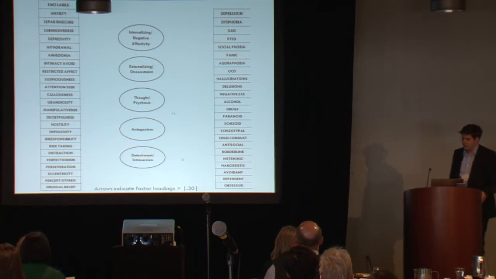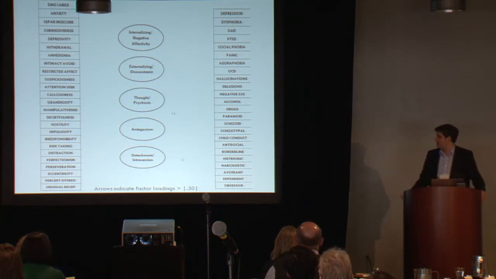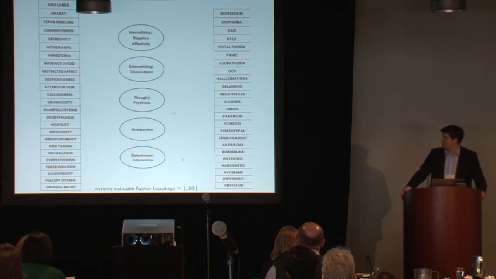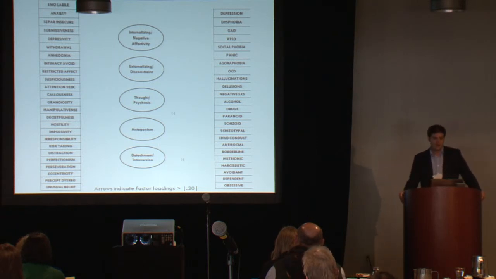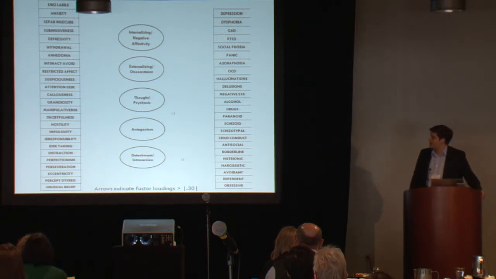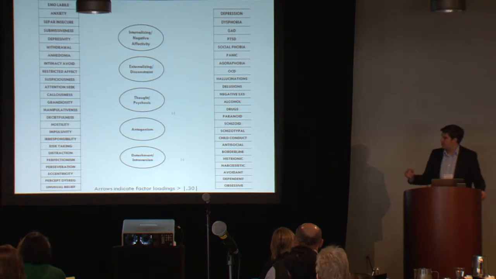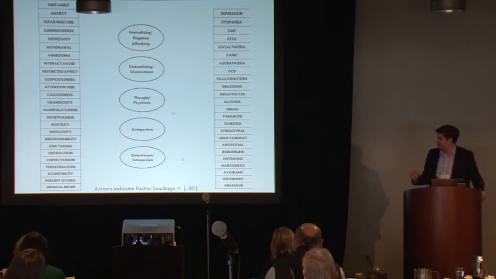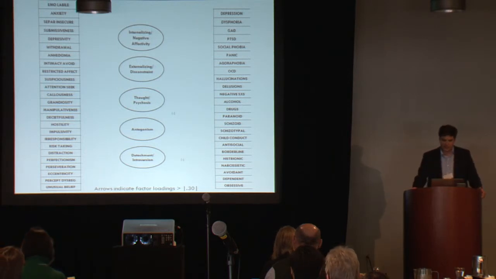Moving from there, though, into looking at how this all plays out when including the PID-5. On the left-hand side of the screen, you see the specific scales related to the PID-5, so emotional lability, anxiety, and so on and so forth. At the bottom, you have the thought disorder related items: eccentricity, perceptual dysregulation, and unusual beliefs.